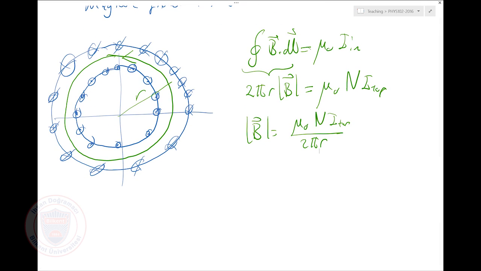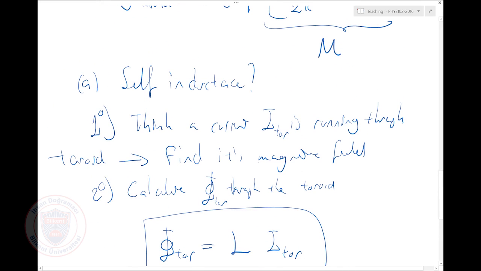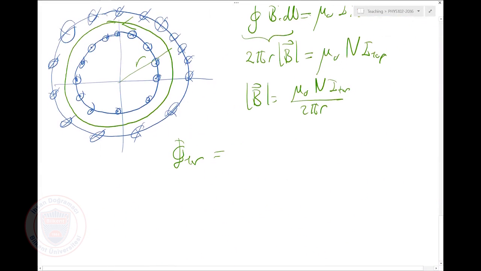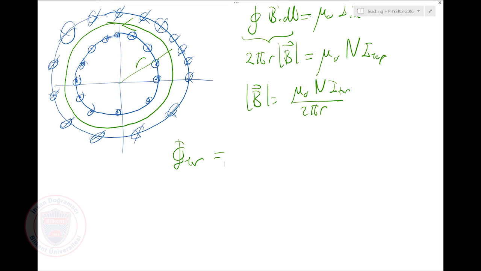Do I need to calculate the flux of the toroid again? Do I need to do the integration again? Well, technically yes, but I already did it once, right? The magnetic field I found previously is not different from the magnetic field I found here. It's not going to change at all.